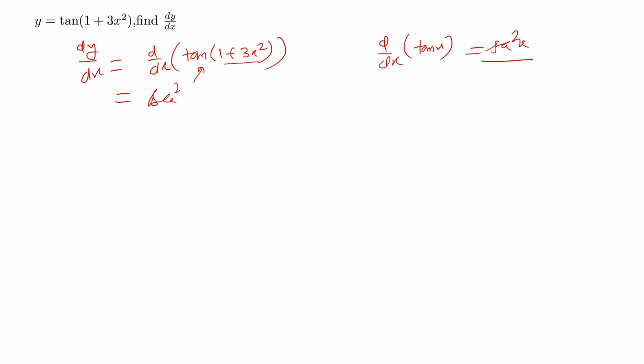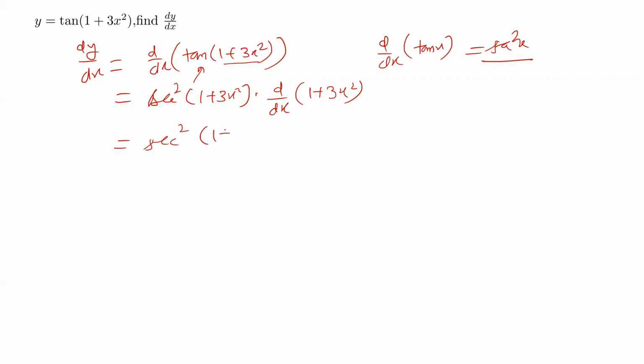So sec square of 1 plus 3x square into the derivative of this whole term 1 plus 3x square. This is x itself, so there is no need to apply the chain rule further. You can stop it.